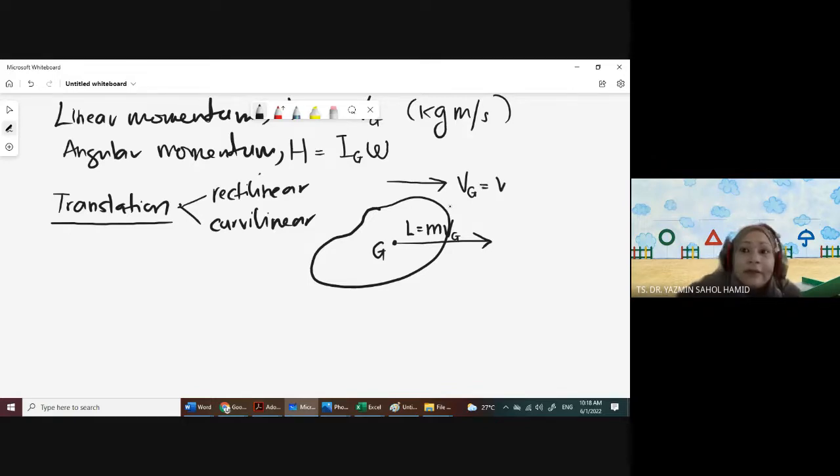So if we talk about a motion in translation, either rectilinear or curvilinear, the linear momentum formula is m vG. And the angular momentum, H, for this example is 0. Why? Because there is no omega involved. For a motion that is moving in translation, omega is 0 here.